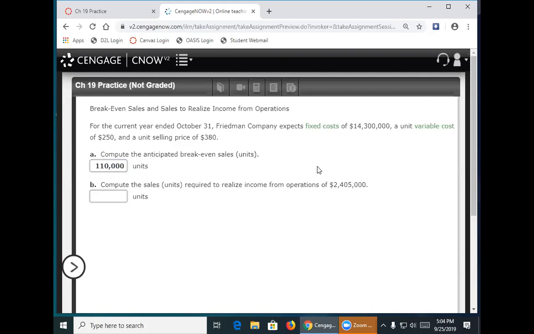So fixed cost of $14,300,000 plus our target income of $2,405,000, and you're still going to divide by 130, that contribution margin per unit. So how many units would we need to sell in order to get income of $2,405,000?